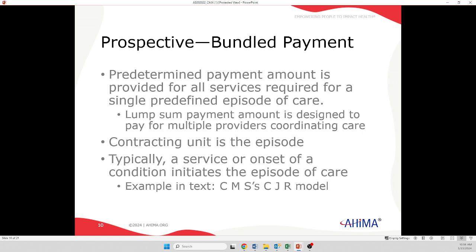And it does include days, number of days. And it does have a predictable pathway that goes along with it. So that's the difference in the bundled and the global, is that it has that trigger and then it has the number of days. Otherwise, it's real similar to the global pathway.